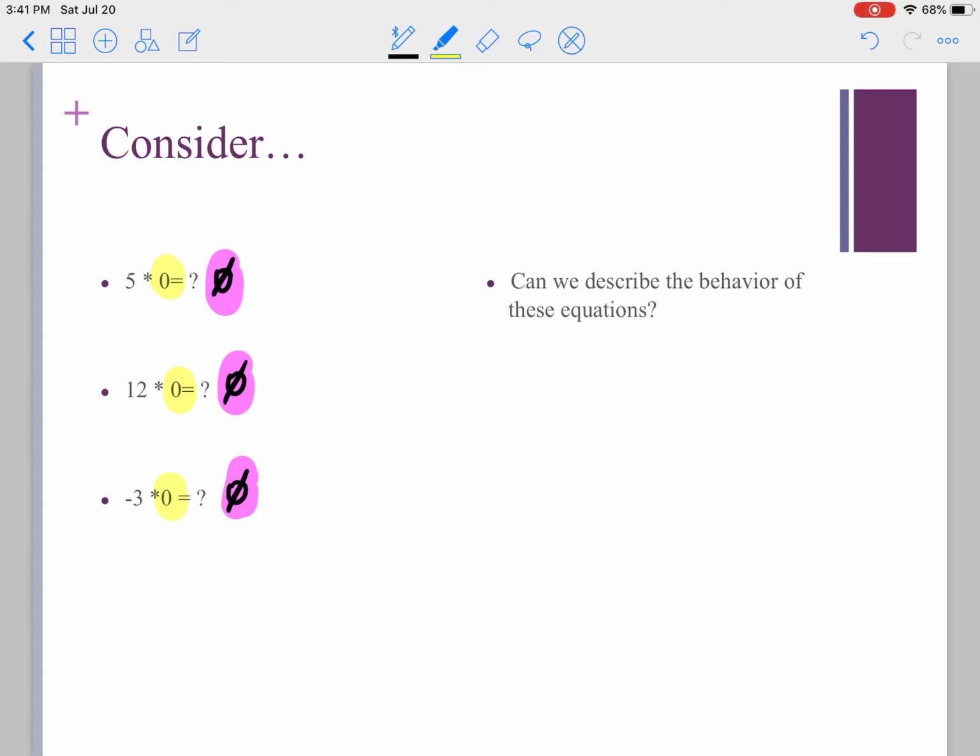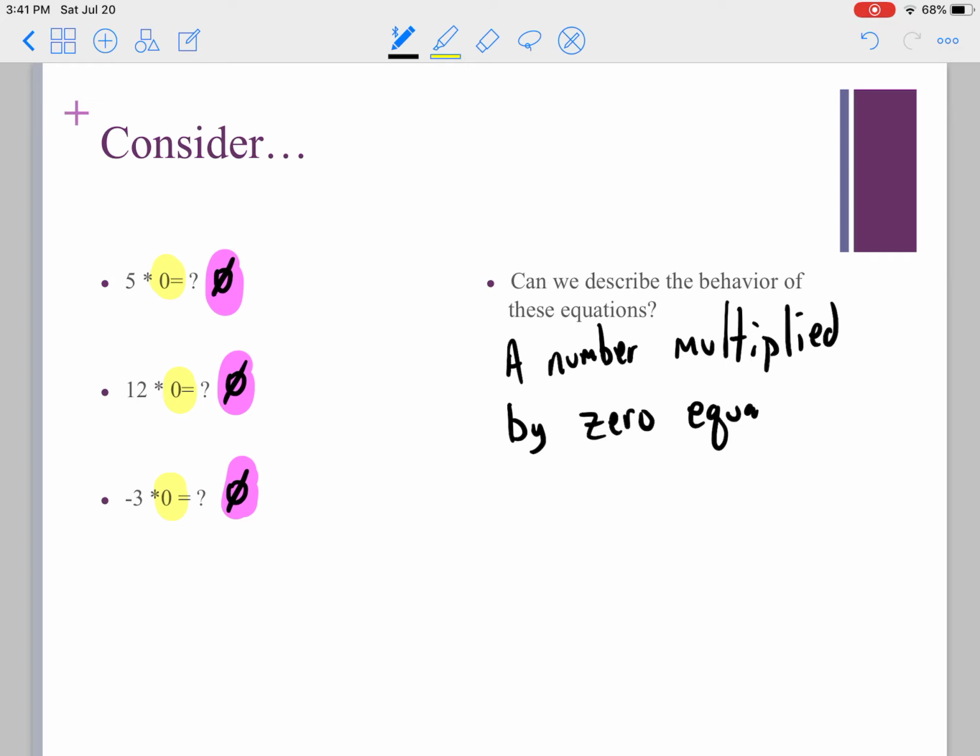And so what this can tell us is that a number multiplied by 0 equals 0.